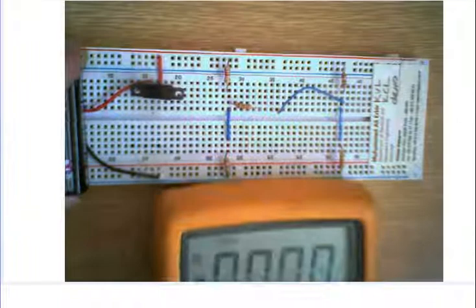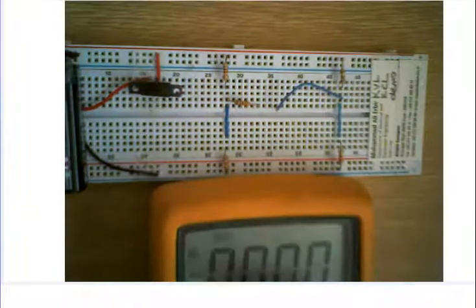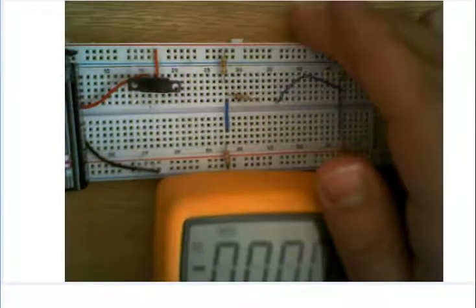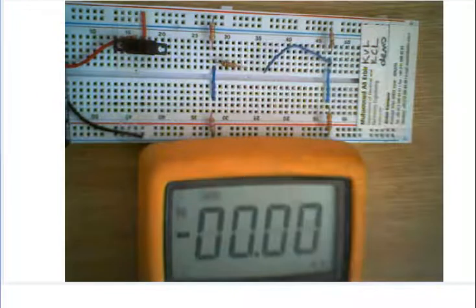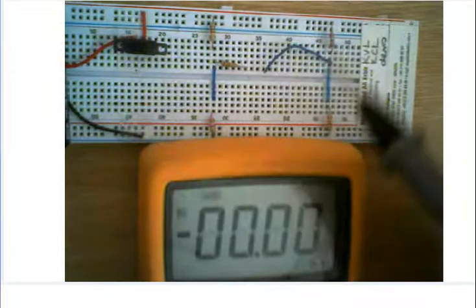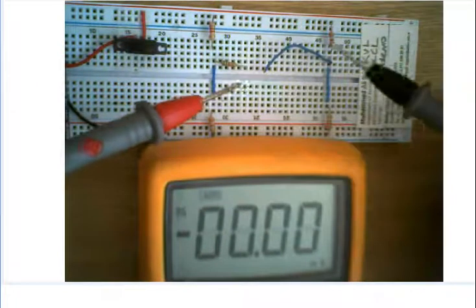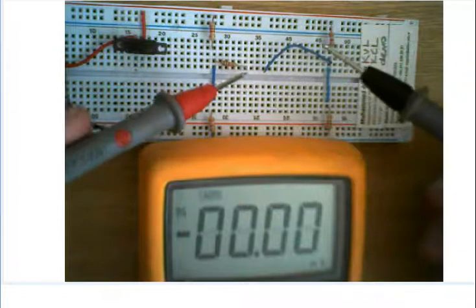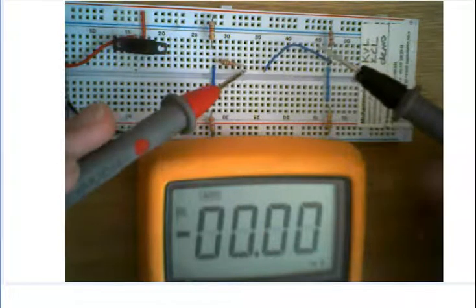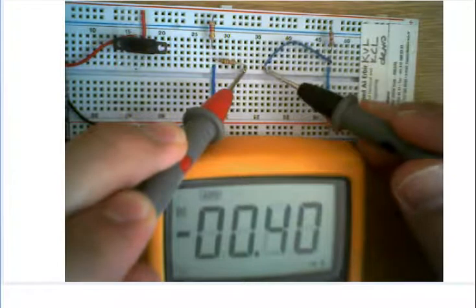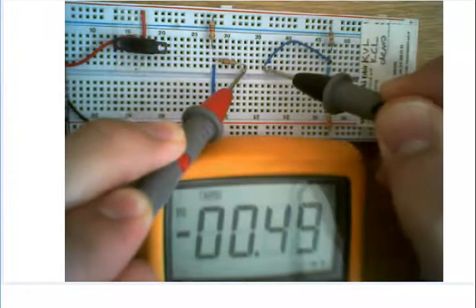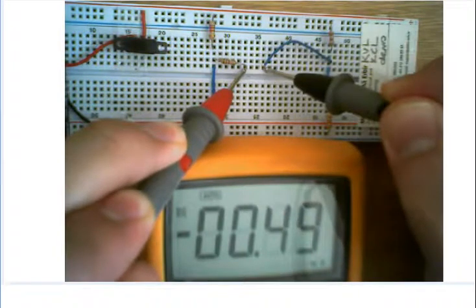Now I can measure, and I have to insert my multimeter in series to measure currents. Look, if I am measuring the current from left to right, I have to touch the red probe to the left and the black probe to the right, and I can read the current now.